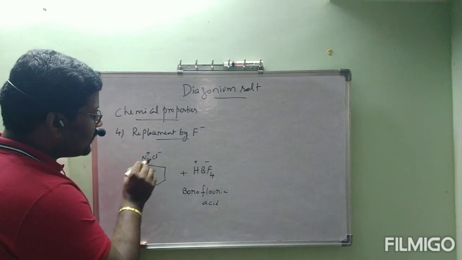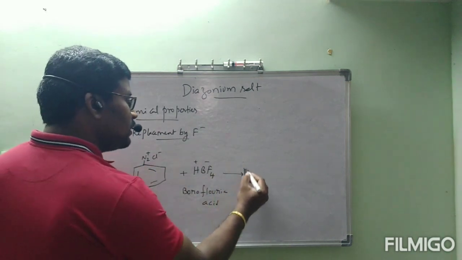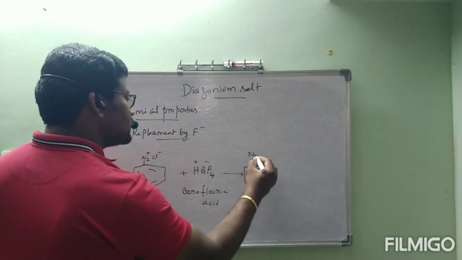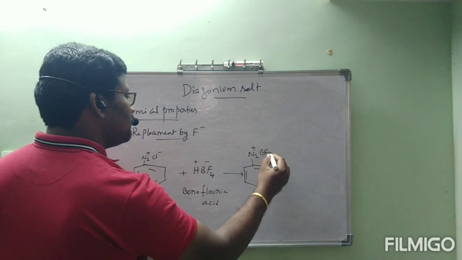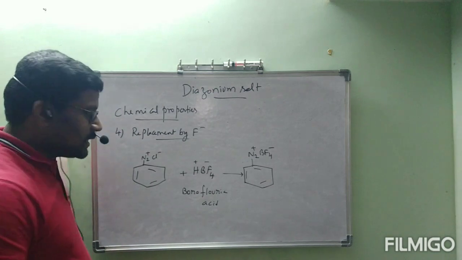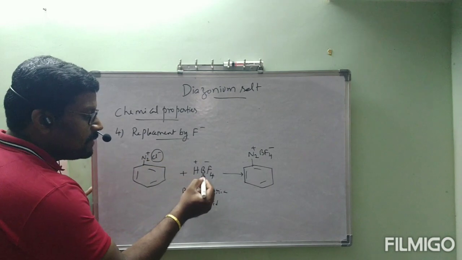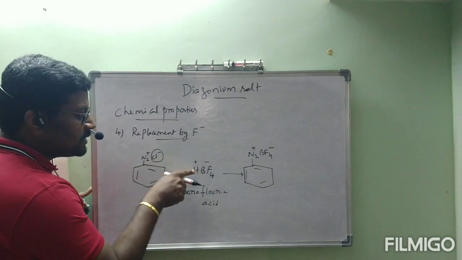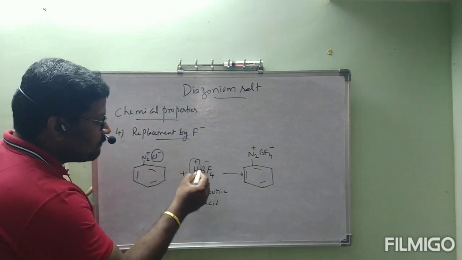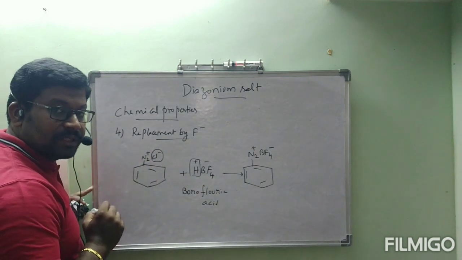So here it happens in two steps. Observe this carefully. Benzene N2+ BF4-. The Cl- is replaced by BF4-. Then H+ and Cl- form HCl. This BF4- displaces the Cl-.